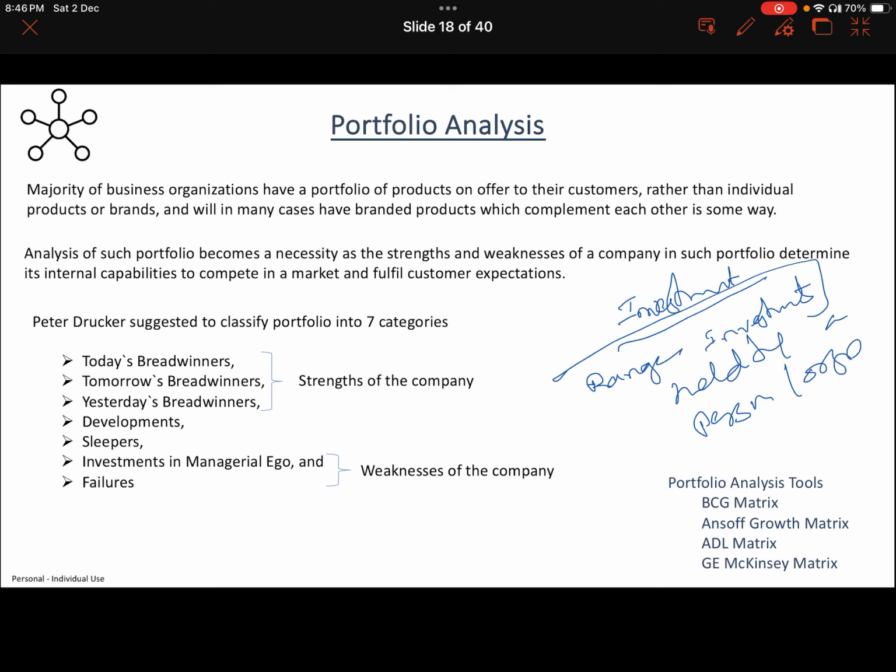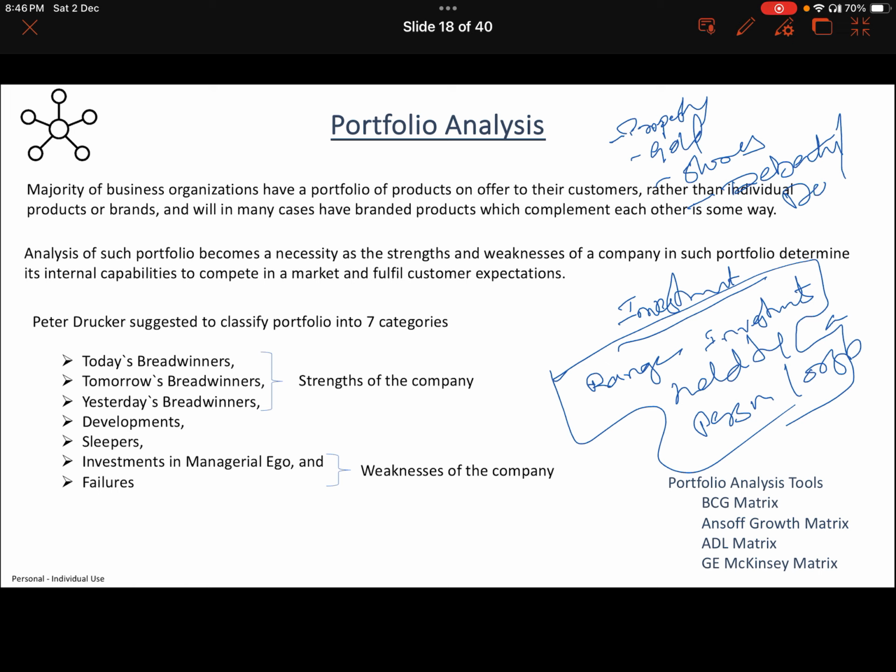So it's a range of investments held by any individual. If you ask your parents, they will tell you how much property they have, how much gold they have, how much investment they made in shares, how much investment they did in debentures or deposits, etc. So there will be different things. So the set of all these things is called a portfolio.